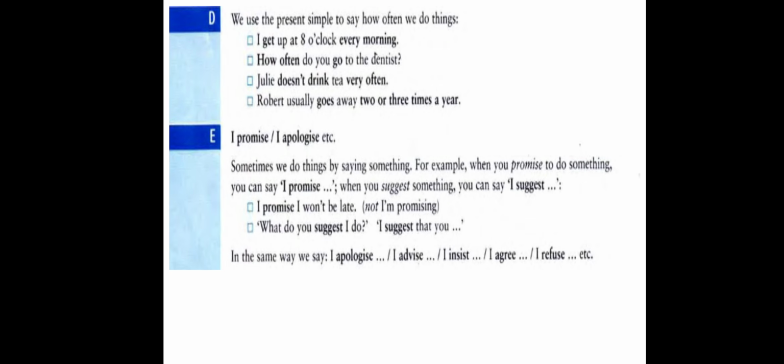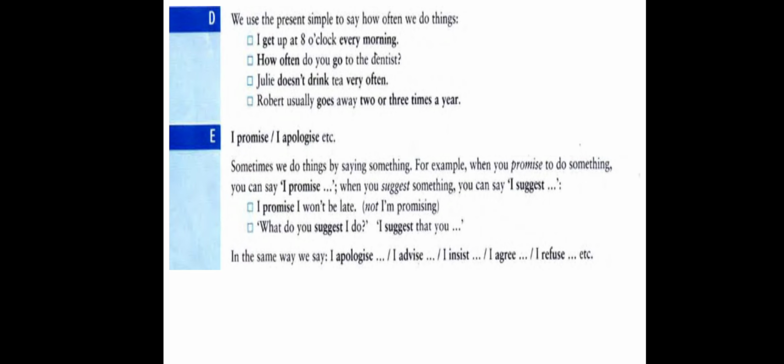So we use it in the present simple. Sometimes we do things by saying something. For example, when you promise to do something, you can say, I promise. You don't say, I am promising. Because this is a kind of stative verb, a verb of no action.